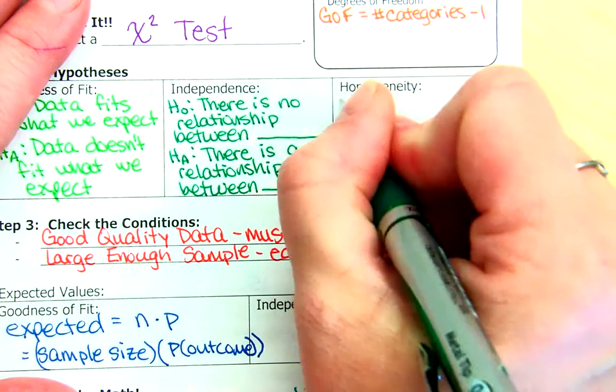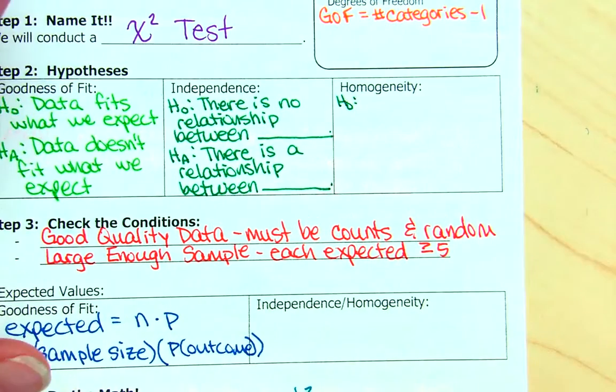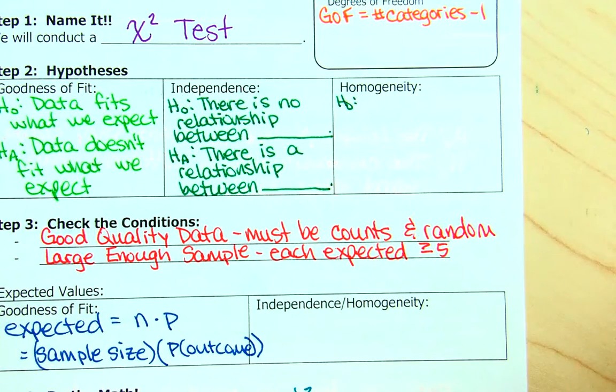For homogeneity, H0 is going to be the distribution of choices is the same among the populations, because remember, here we're comparing two different populations to each other to say, are they the same?